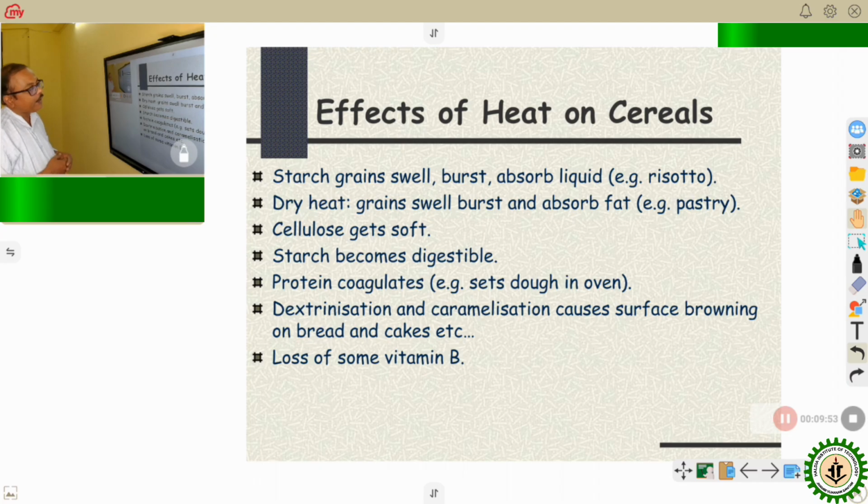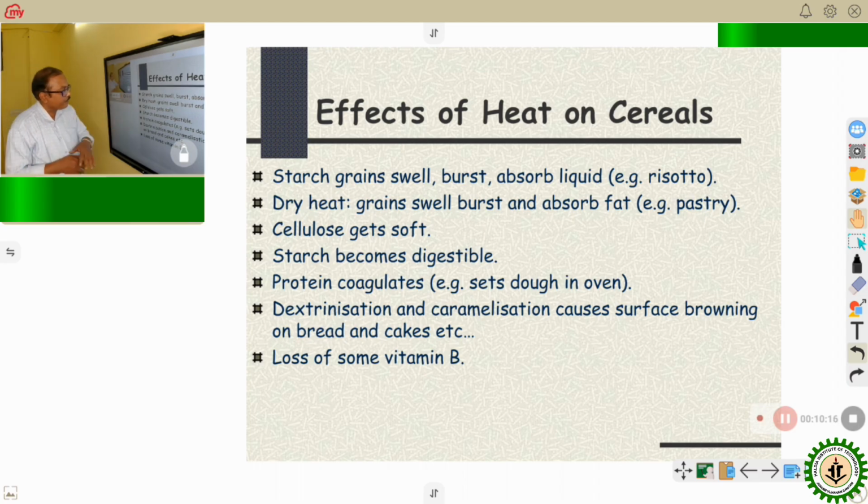There are different types of uses, and depending upon the end use, the milling is done. For example, the requirement of pure starch from a grain, and the requirement of protein from a grain, can be fulfilled by a wet milling operation.